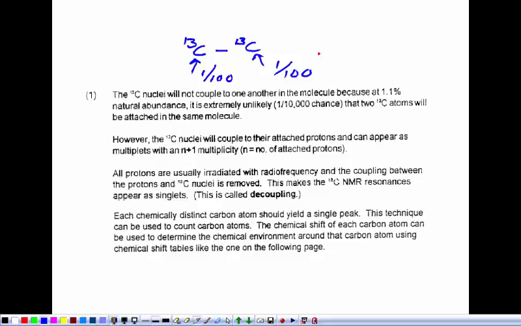Well, in carbon-13 spectra, n is the number of attached hydrogens. So that means that if you had a CH, it would be a doublet. If you had a CH2, it would be a triplet, and if you had a CH3, it would be a quartet.